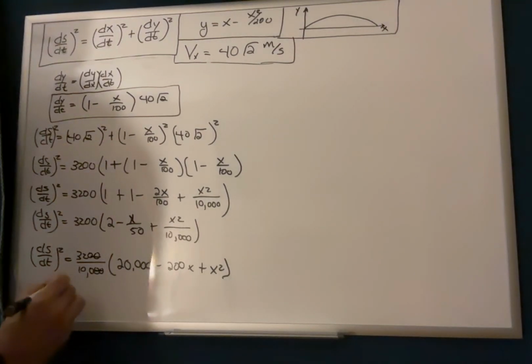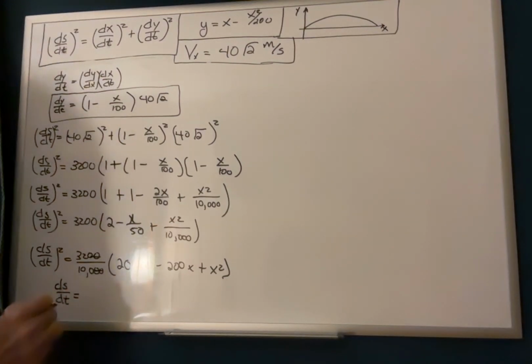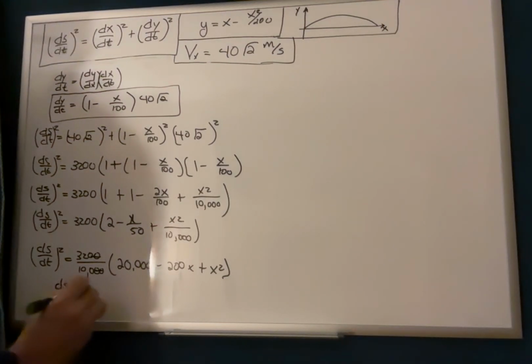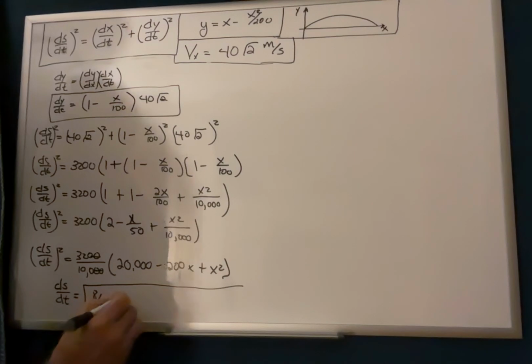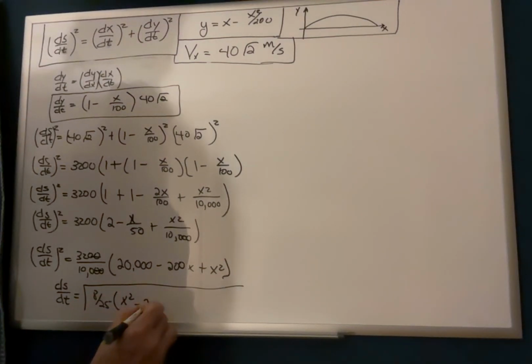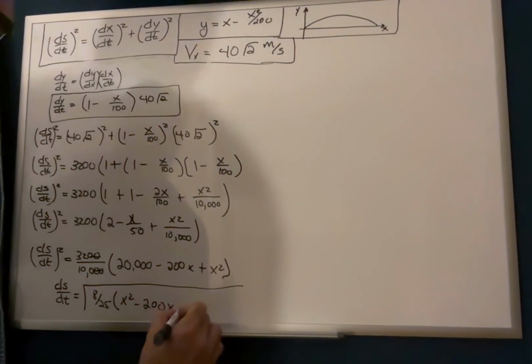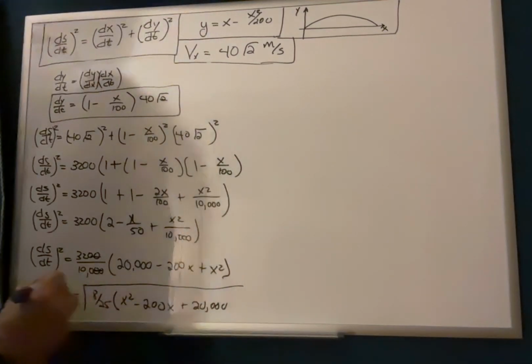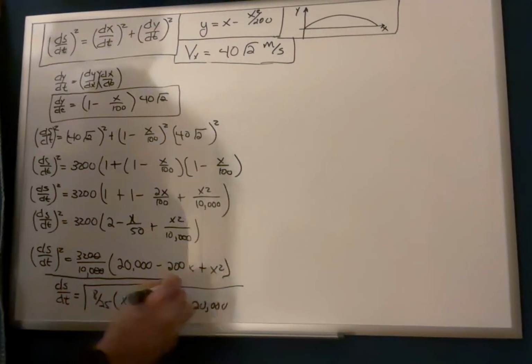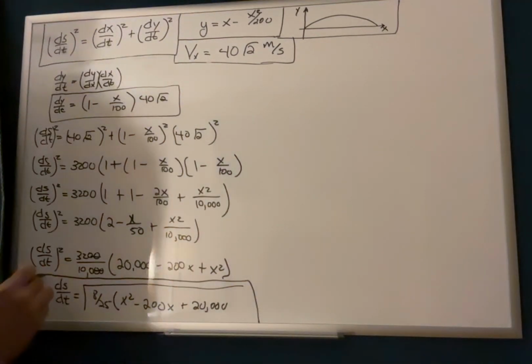So we get ds/dt equals the square root of 8 divided by 25 times x squared minus 200x plus 20,000. And this is our equation for the velocity in this particular problem.